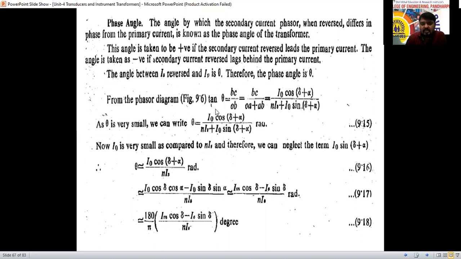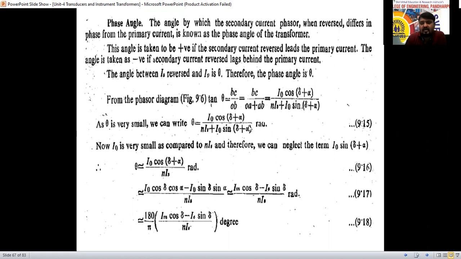So BC equals I naught cos delta plus alpha, OA equals n I_s, and AB equals I naught sine delta plus alpha. Substituting, as theta is very small, we can write directly tan theta equals this as it is, or the same term I naught cos delta, in radians, we can consider here.